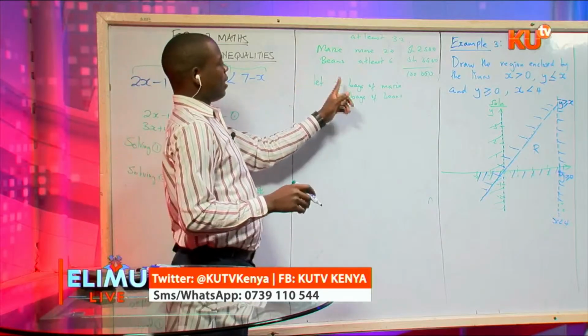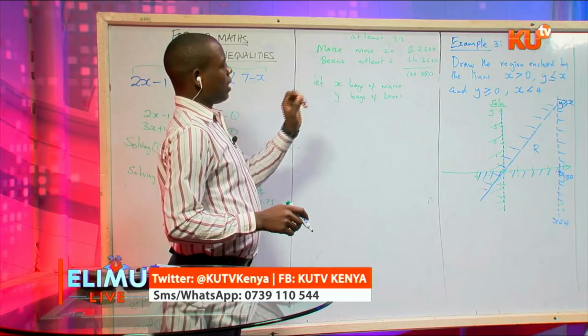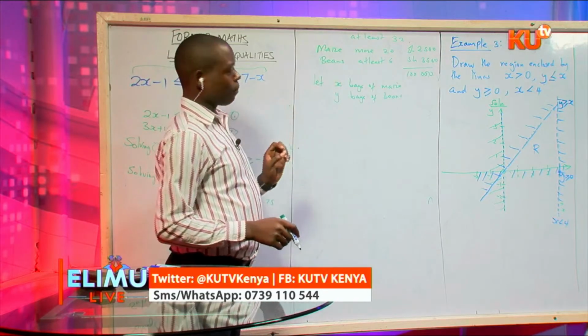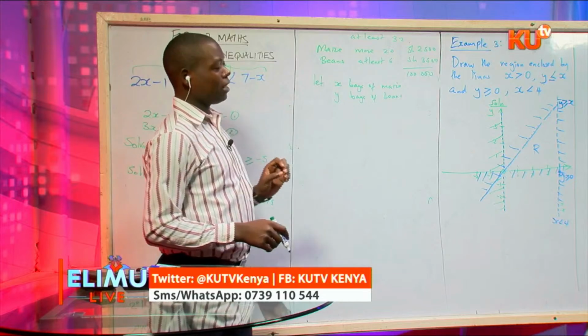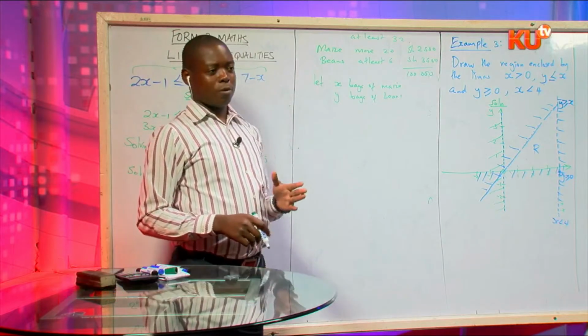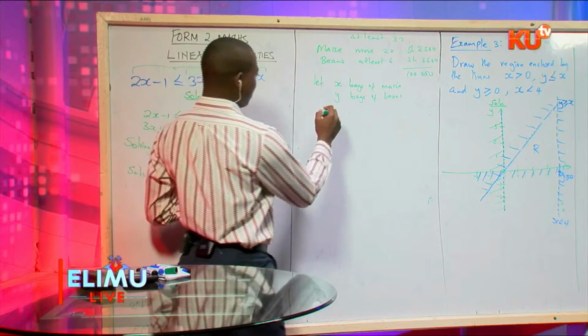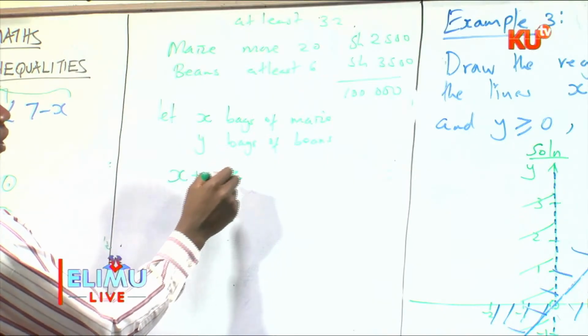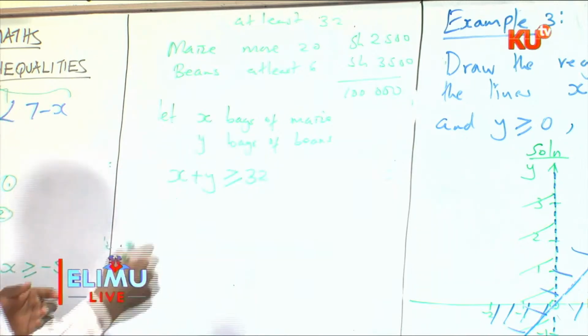So if we are buying X bags of maize, and in total we need to have at least 32. At least here means 32 or more. And so when you write, it means X plus Y should be greater than or equal to 32.